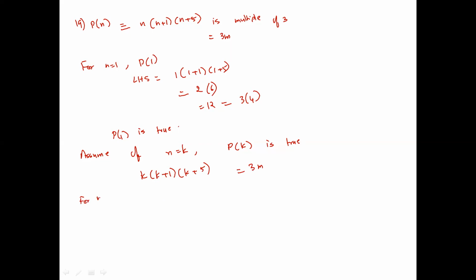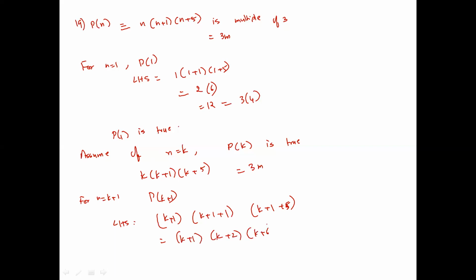Now for n equal to k plus 1, we take P of k plus 1, taking the left hand side, put n as k plus 1, then k plus 1 plus 1, then k plus 1 plus 5. Or what we have is k plus 1 into k plus 2 into k plus 6. This we have to prove is a multiple of 3.